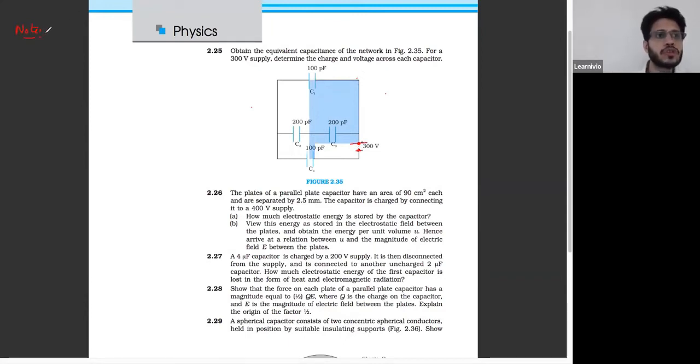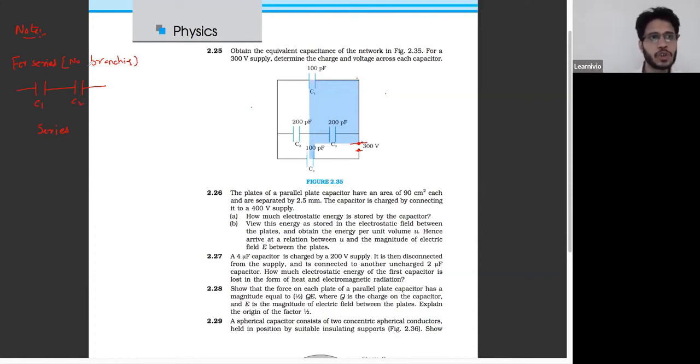See, some rules to decide series and parallel combination in a complicated circuit. For series, always look for capacitors without branching. These two capacitors are in series. There should not be any branching for a series combination, because otherwise you will not get a straightforward circuit; the circuit will need time to analyze.